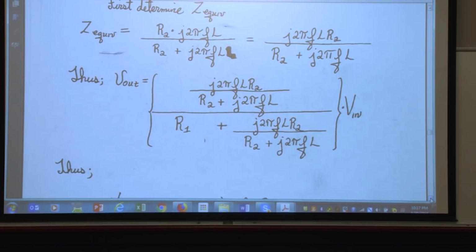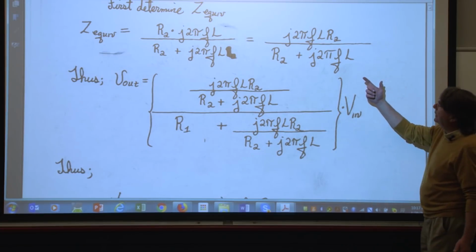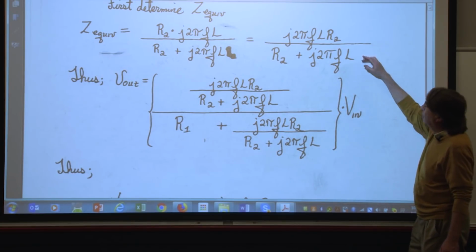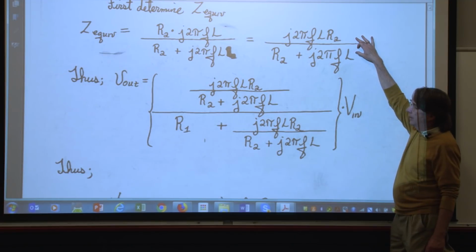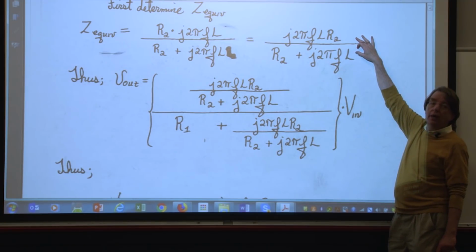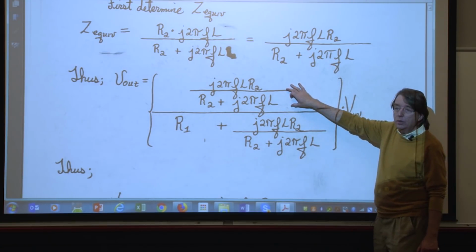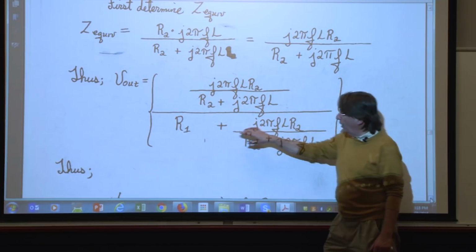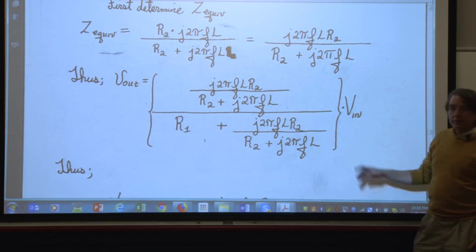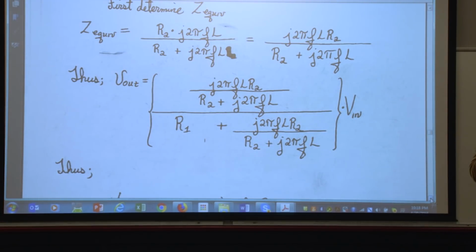After a little bit of algebra, very little actually, in fact none, I just moved the R over. This is it here. I now do voltage division. So it's ZEQ over R1 plus ZEQ times V in. And that gets me V out. So far so good?